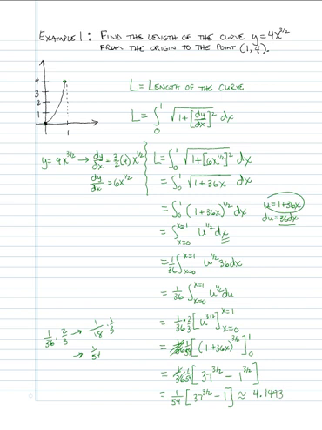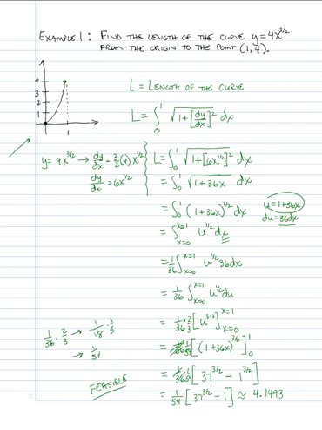4.1493. Now, this is by no stretch making it accurate, and sometimes we can't even do this, but I want to point out to you that this is a feasible answer when we go back up and look at our graph. What we see is the length of that curve is a little more than 4 units.